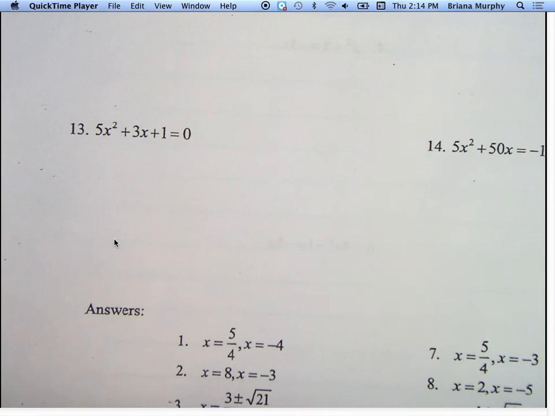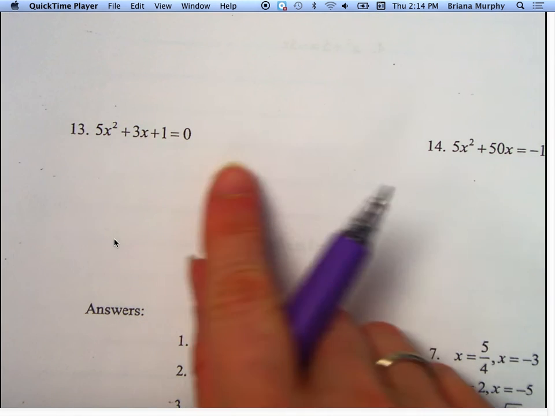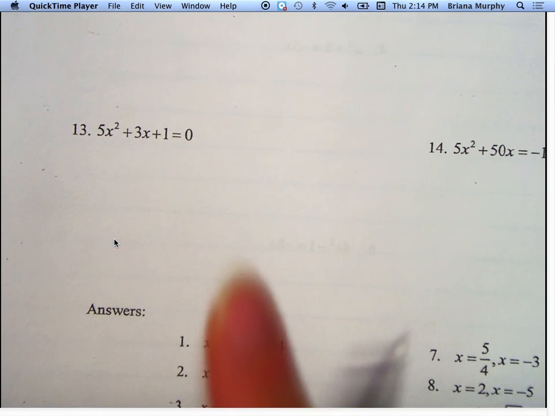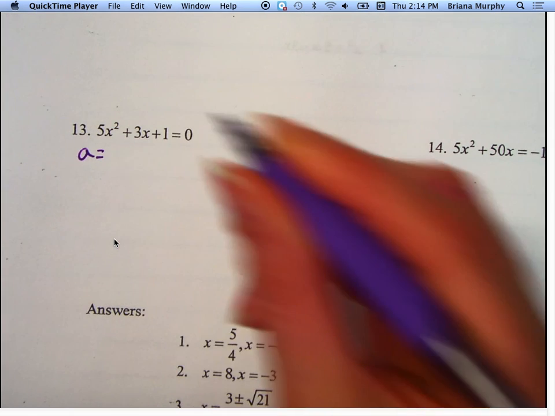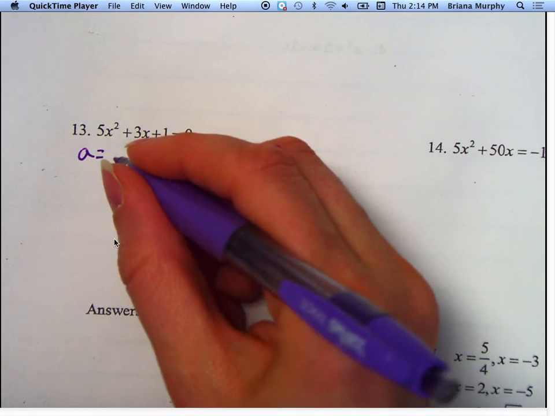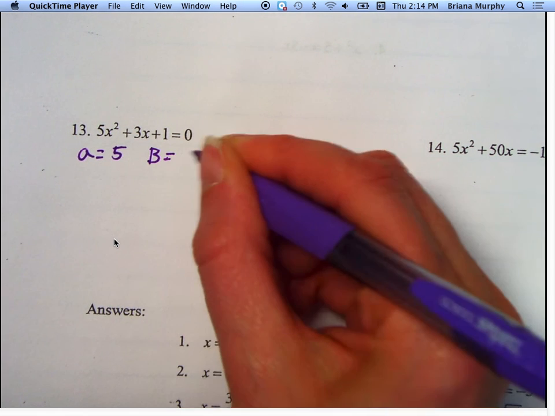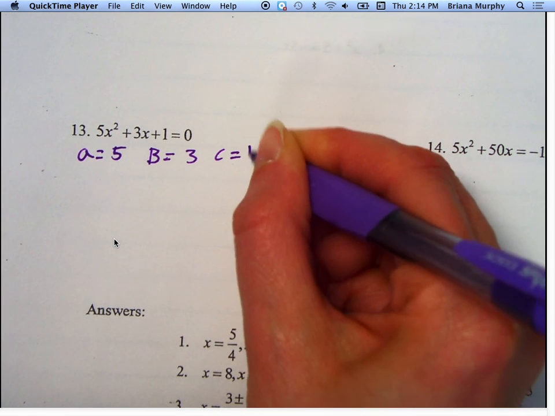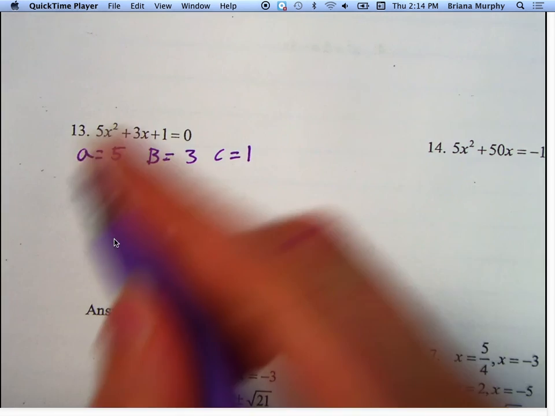The first thing I'm going to do is label A, B, and C. Is it equal to 0, first of all? Yes. So what's my A value? 5. My B value? 3. And my C value? 1. And remember, I'm going to put it right above.